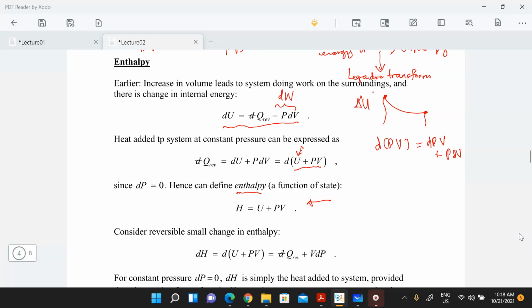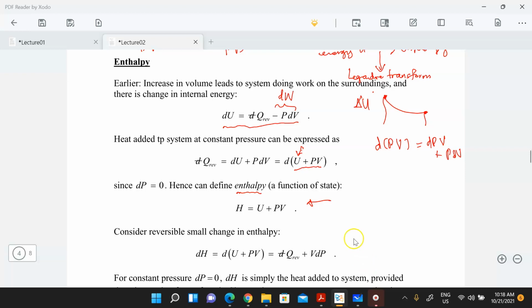To understand this better, you take the differential of this enthalpy, because remember that this is a function of state. So your dH will be an exact differential, but what can happen is that when you take the differential of the whole thing, the individual terms might not be exact differentials.